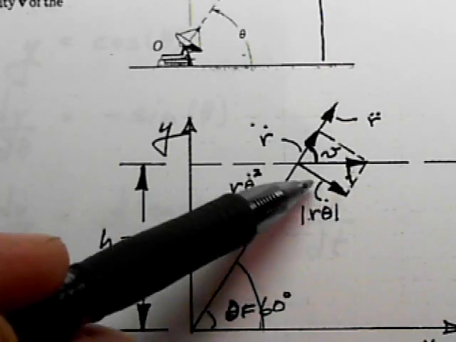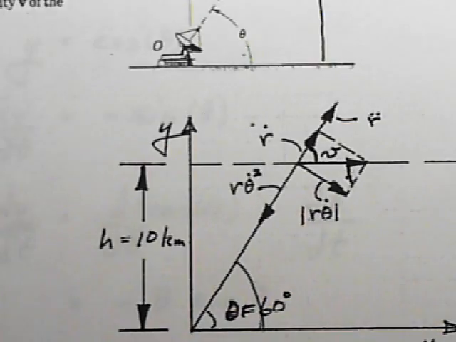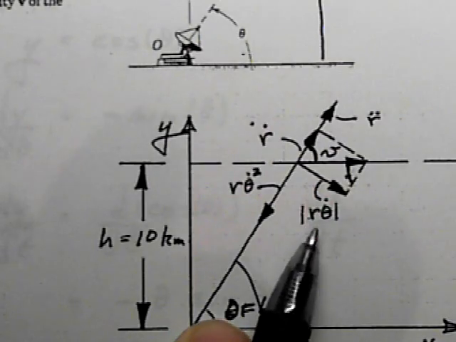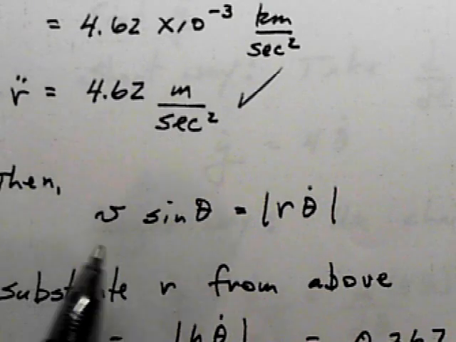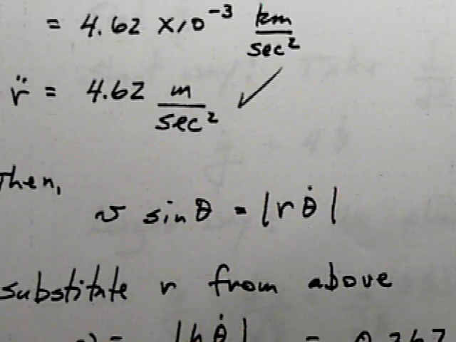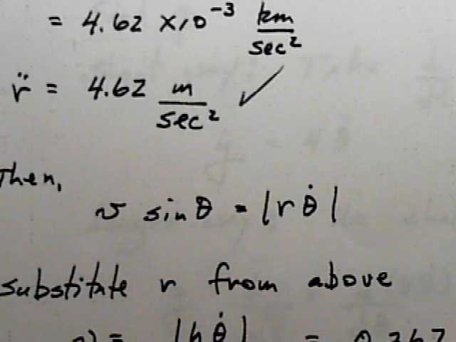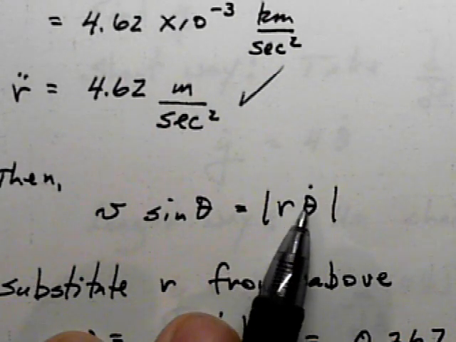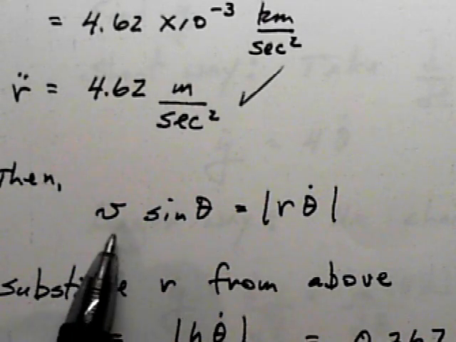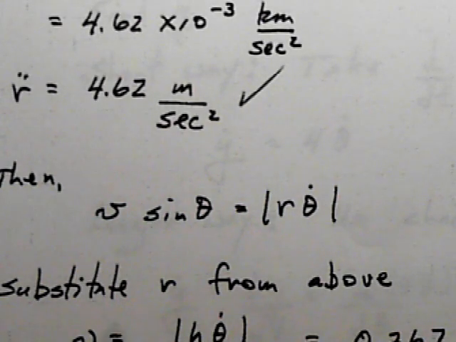So v times the sine of that theta is equal to this piece. And this piece is the r theta dot piece. So v sine of theta is equal to the r theta dot piece. And we'll put magnitude around it, not worry about direction. And we don't know v, but we do know r. We've already solved for that, and the theta dot was given. And so now we know everything that we need to solve for v, and v is 0.267 kilometers per second.